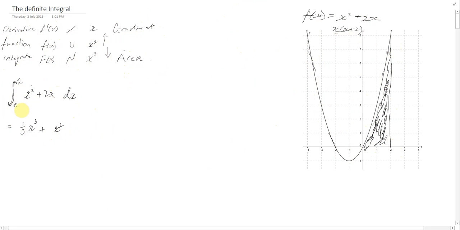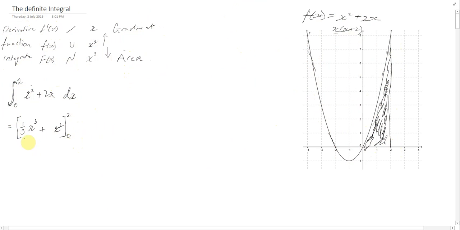Okay, now these terminals, these bounds, we must write those in. So we do that by doing some square brackets and then writing them in here. Lower bound, upper bound. So this is saying we're not finished because we haven't dealt with these bounds yet. Now the way to do this is to figure out this function with 2 and then subtract it using this function when x is 0.